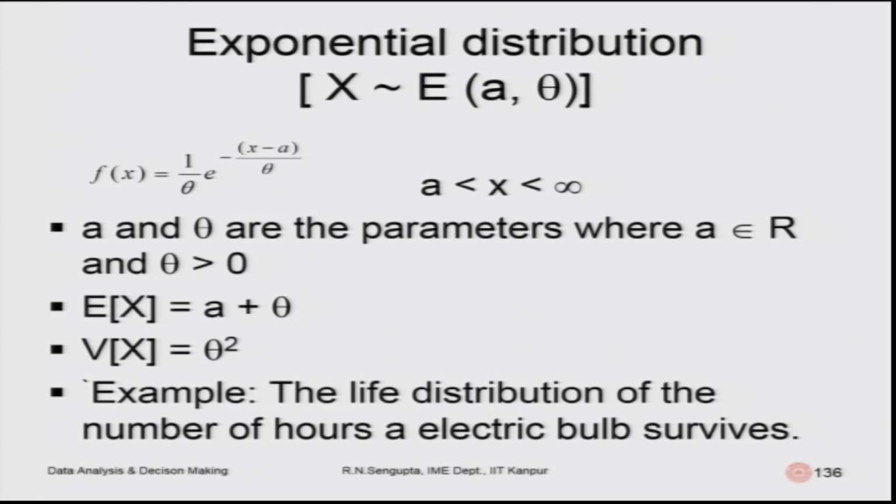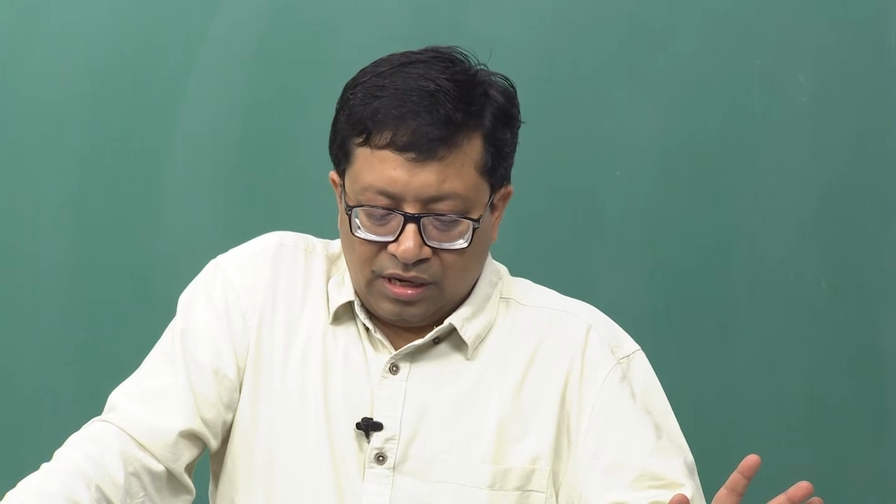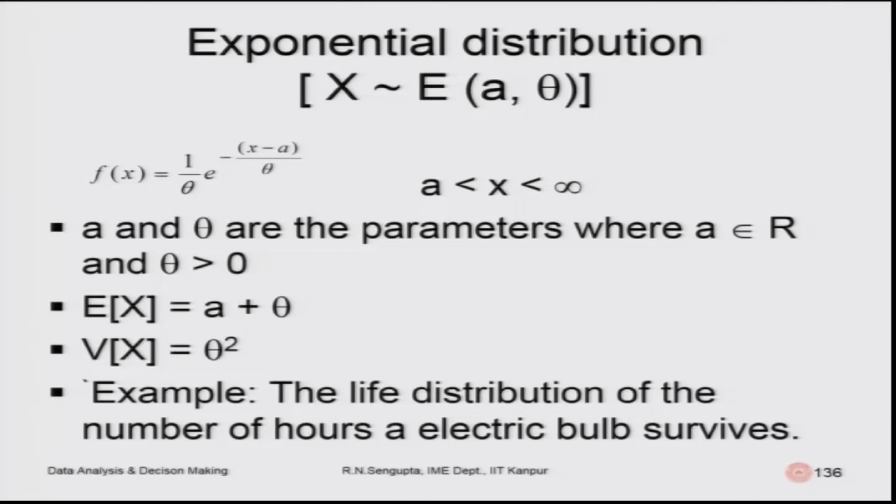If a is 0, then obviously x would be from 0 to infinity. The parameters a and theta: a is on the real line and theta is greater than 0. The expected value is given by a plus theta. If a is 0, the expected value is theta, and the variance is theta square, whether a is present or not. An example is the life distribution of the number of hours an electric bulb survives.